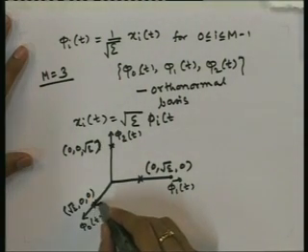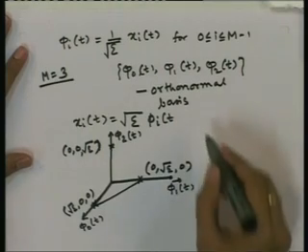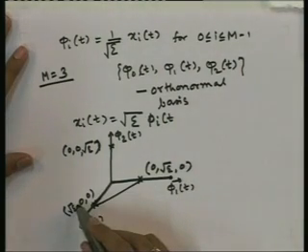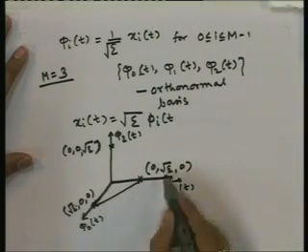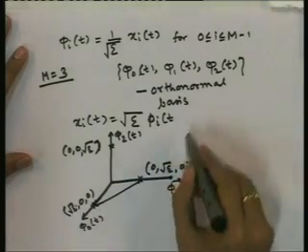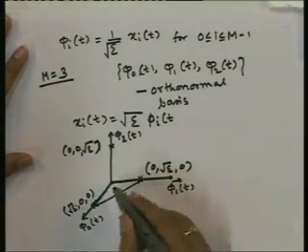Now, what is the distance between these 2 points? The distance between these 2 points is the norm or the length of the difference vector. So, what is the difference between this and this? This minus this vector is (root E, minus root E, 0).